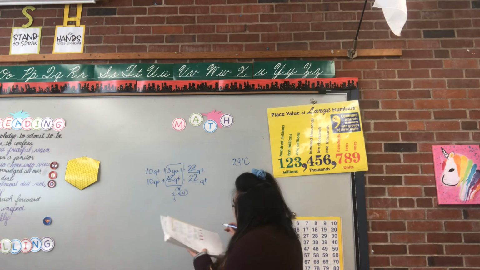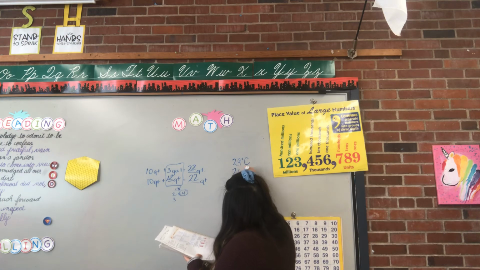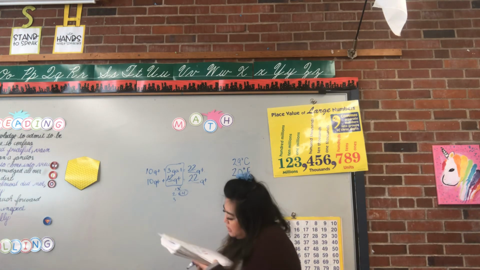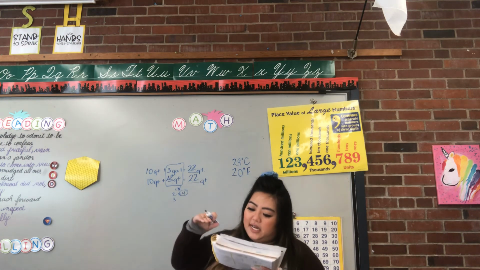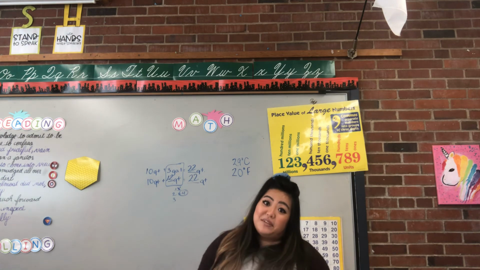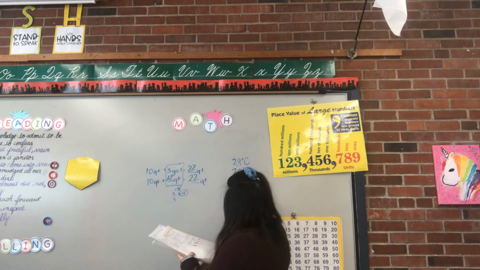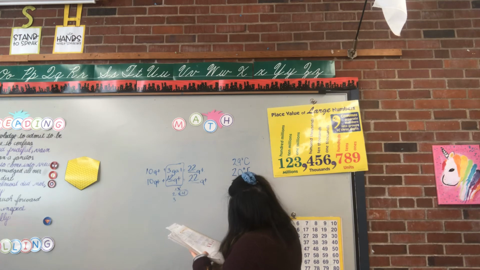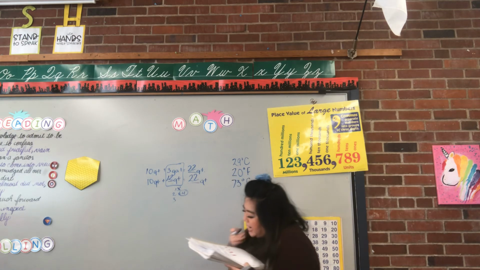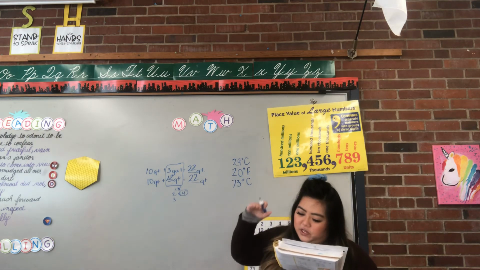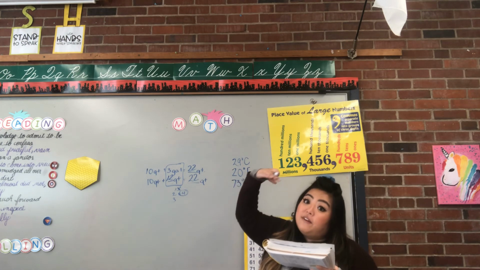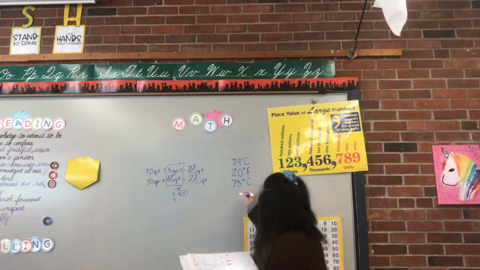It already tells you. It's 20 degrees Fahrenheit. C. 70, 72, 73 degrees Celsius. And then the last one, 50, 52, 54, 55.